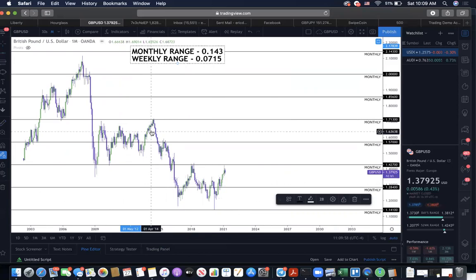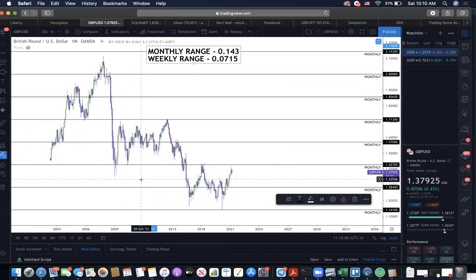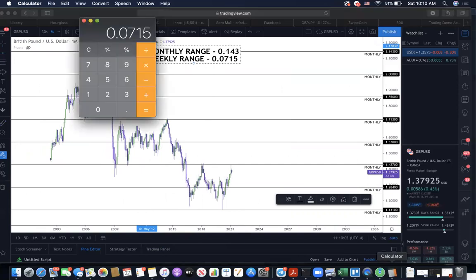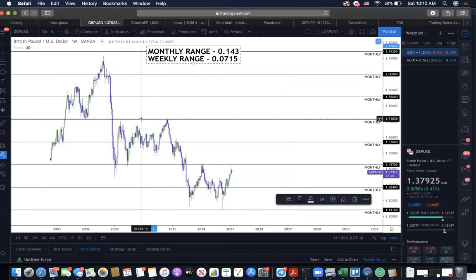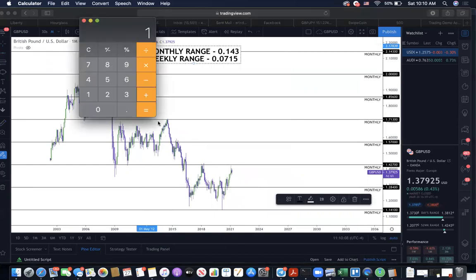And then do the same thing all the way up. So let's do that. All right. So plus 1.141, 1.2125.